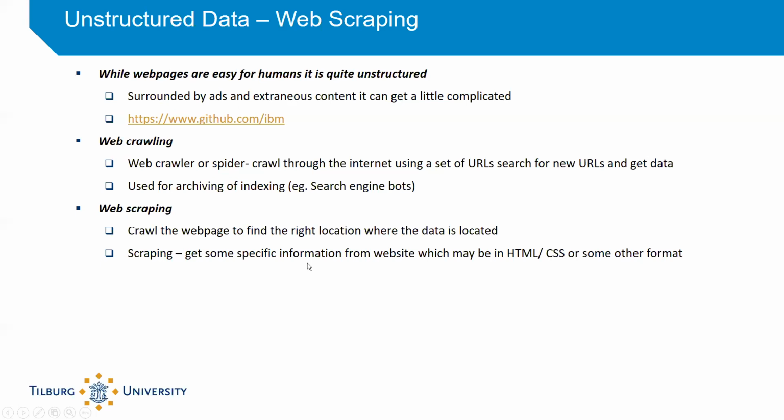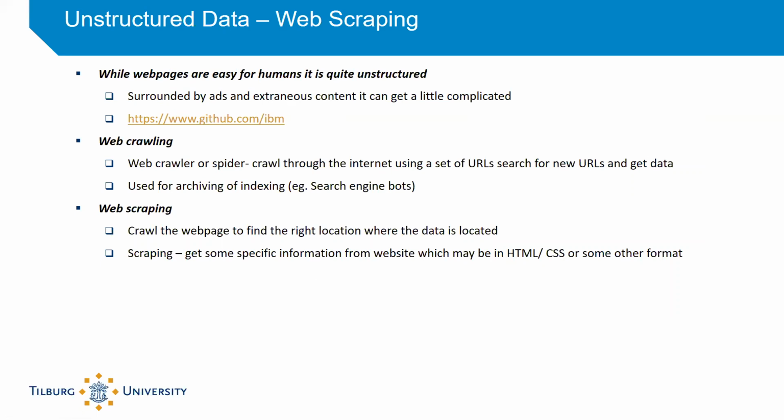So once you have figured out a way to crawl through the website and to locate the information that you need, the second part is extracting the information from the website. This part is not as simple as you think, because each website is written using HTML, XML, CSS.